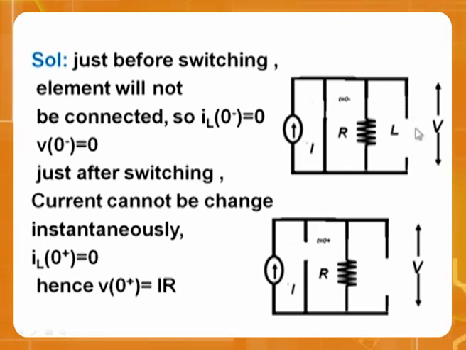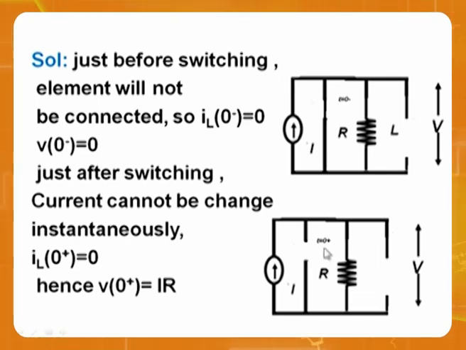So the inductor could not develop any current. No current means what? Open circuit. And what is the voltage across this element? The voltage across this element is also 0. Why? Because this short circuit is appearing. So the voltage is 0, and the current in the inductor is 0.